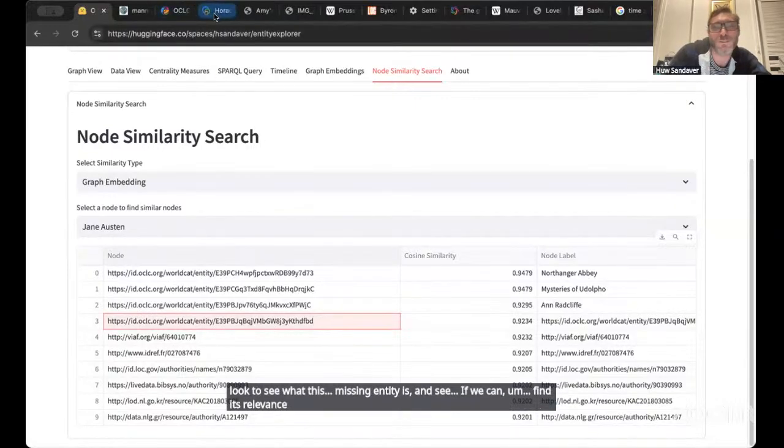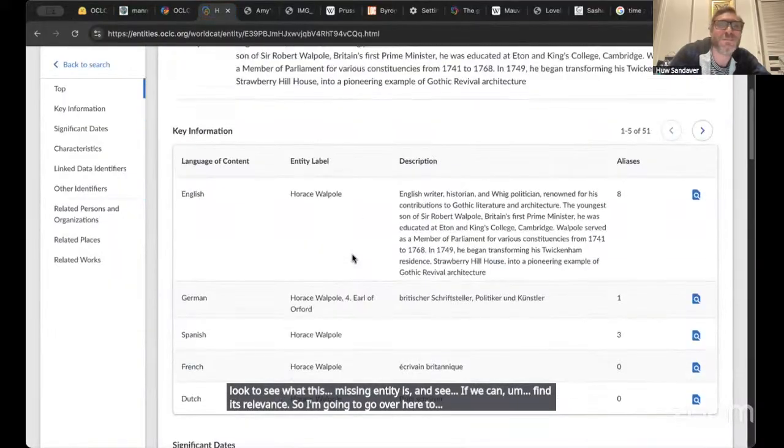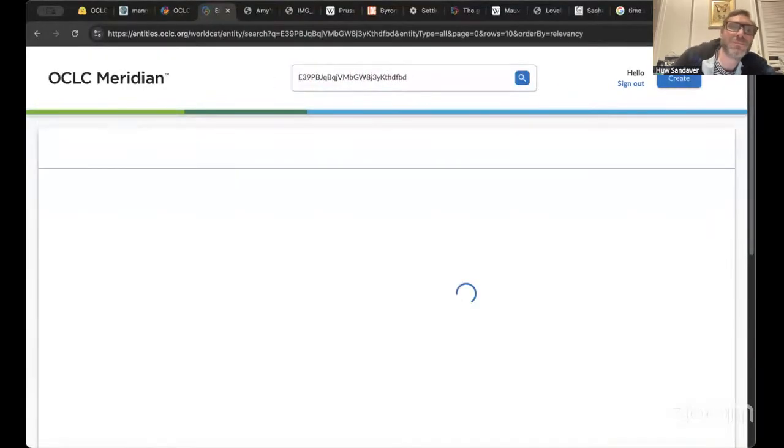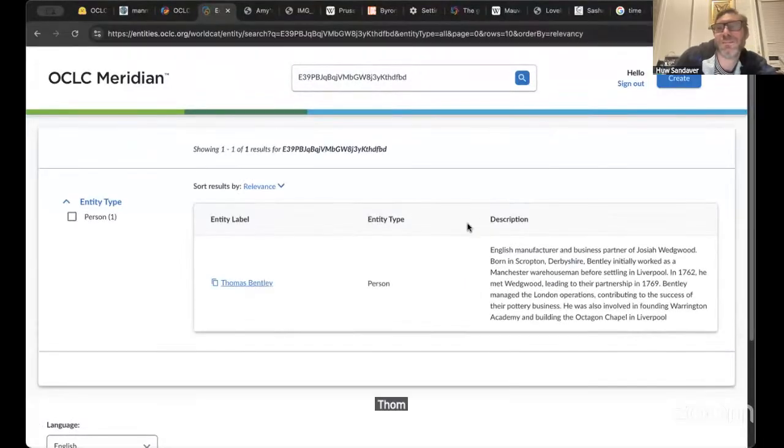So I'm going to go over here to Meridian. Let's find out what this entity is. Thomas Bentley. Very interesting. So again, it's kind of that art connection. It's coming in.